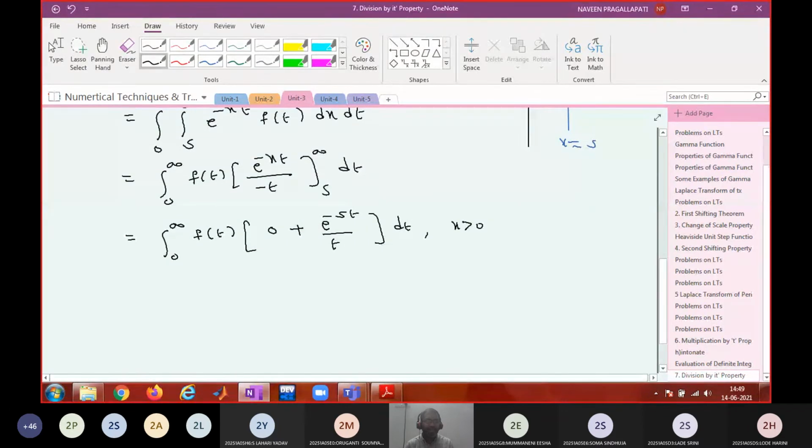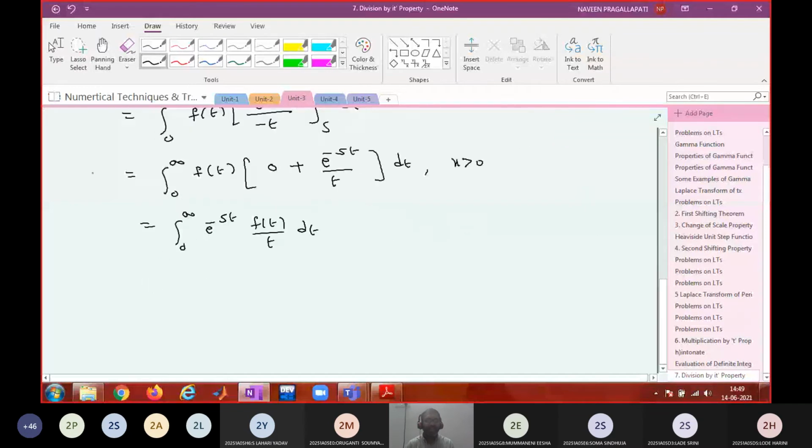Therefore this is nothing but integral 0 to infinity e power minus st into f of t by t. So the kernel is e power minus st and the integral is from 0 to infinity. Therefore it is nothing but Laplace transform of the function. What is that function?